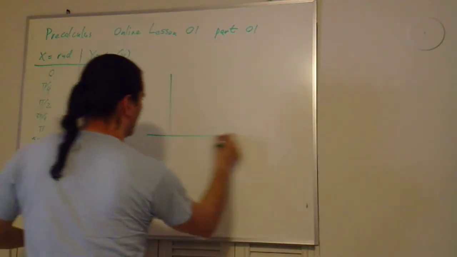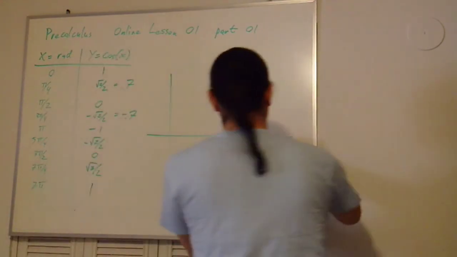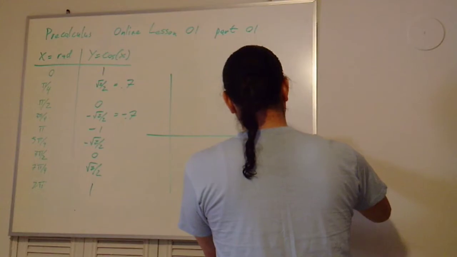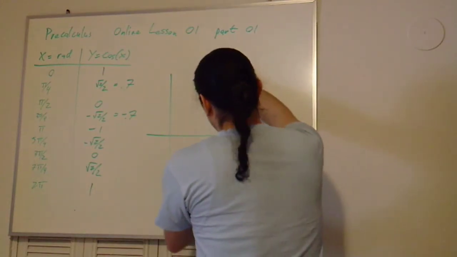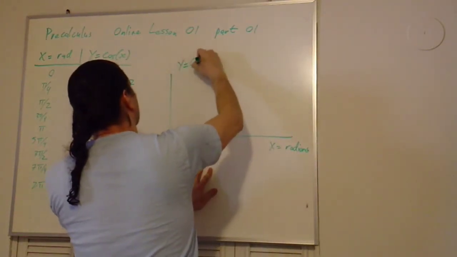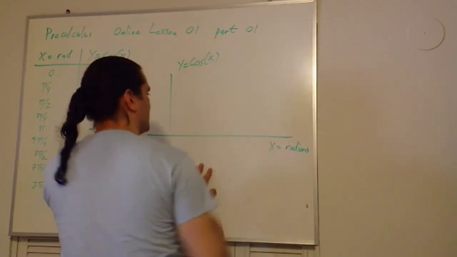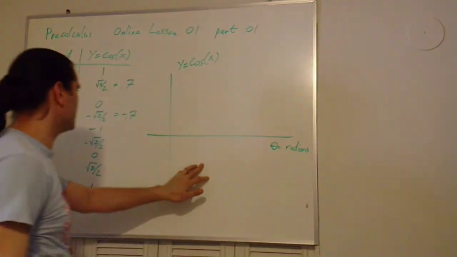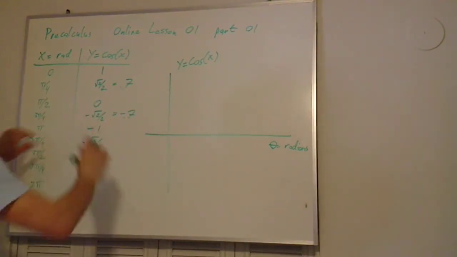So again, the x-axis is radians, and the y-axis is the cosine of that. If it makes it easier to think of this as a theta axis, you can totally do that.